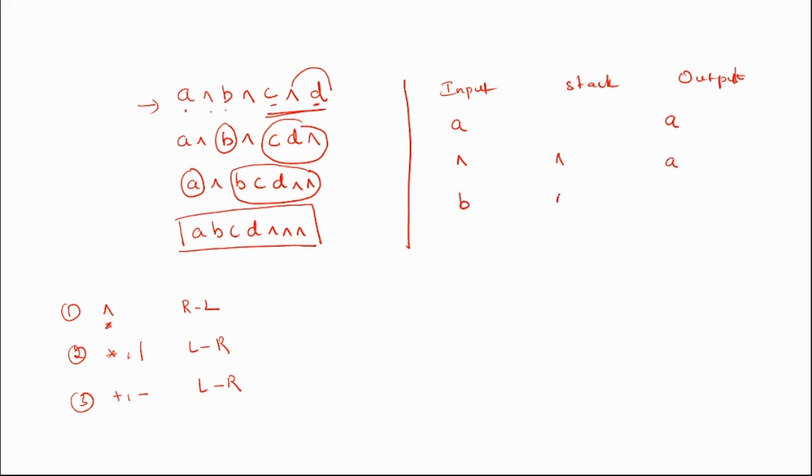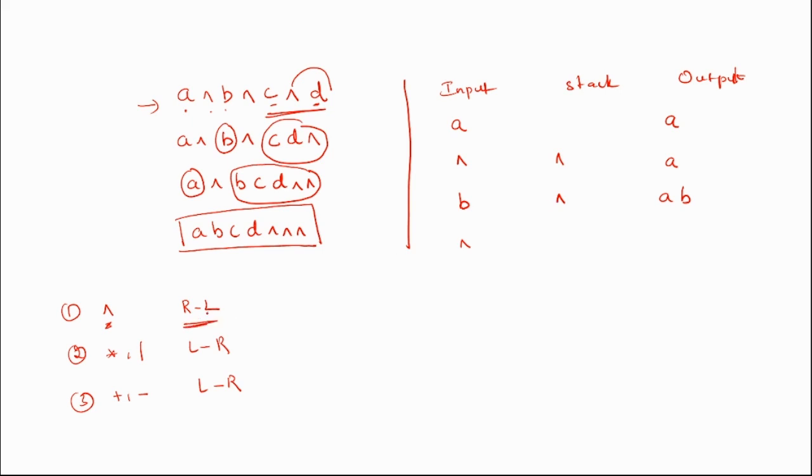B as it is, a b, and then comes exponential, right? Now exponential and exponential both have the same precedence. Therefore if they have the same precedence, then associativity is from right to left.